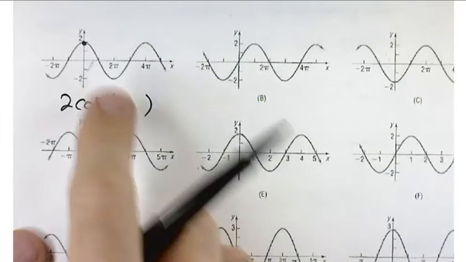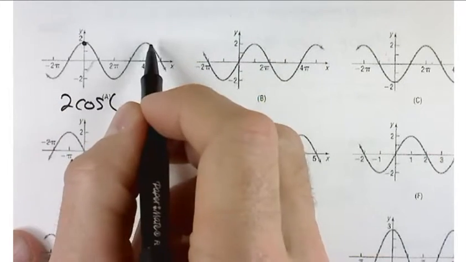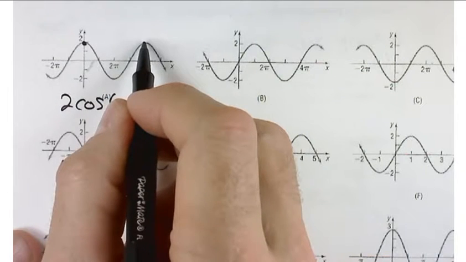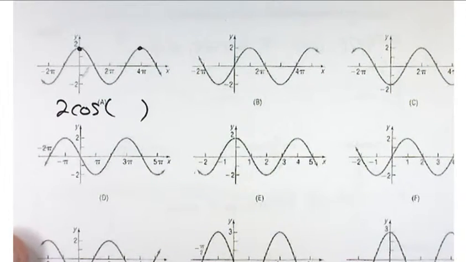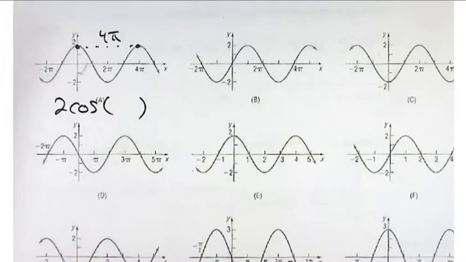Now there's one last thing that I've got to figure out, and that is the period here. How long before this graph repeats itself? Yeah, twice as long as usual. So the period here, this distance, is 4 pi. That's how long it takes for the graph to repeat itself. We okay with that?